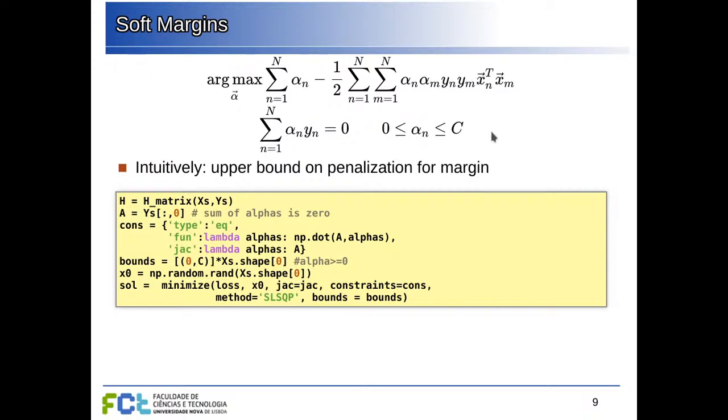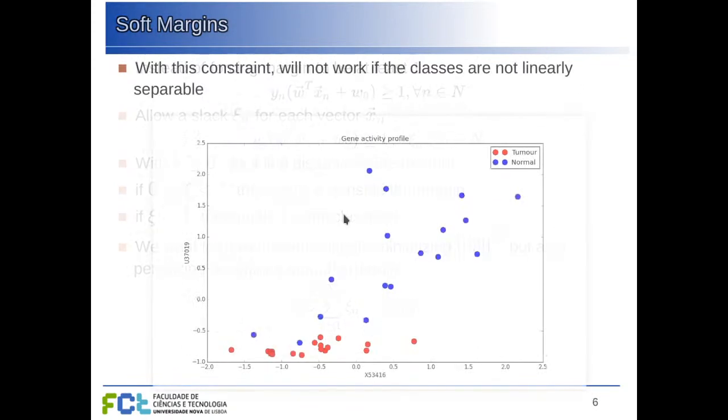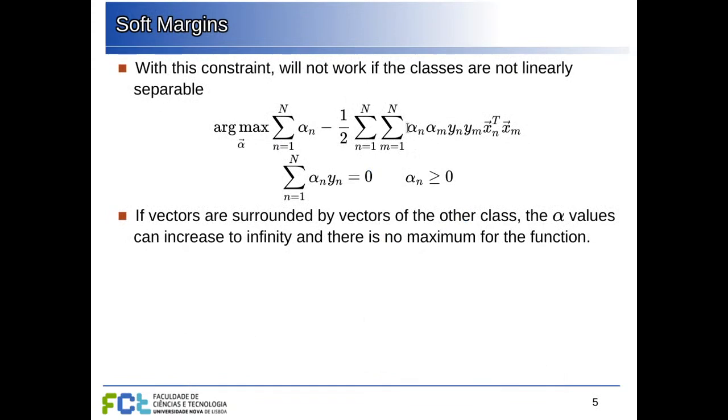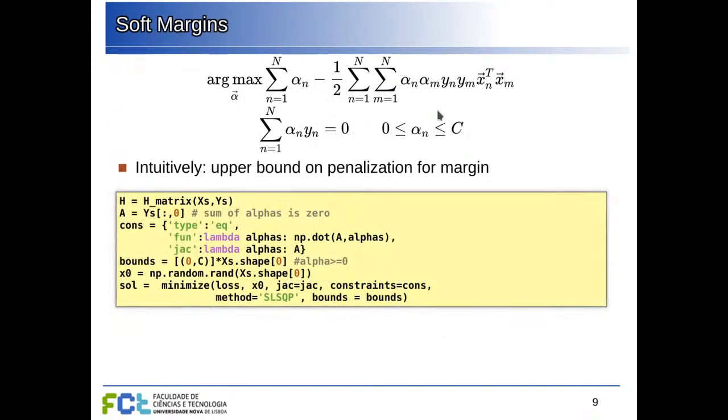Allowing the margins to be softer and allowing us to solve problems like this with soft margins only requires us to set an upper bound on the alphas. So if we do this with, say, C equals 10, this means that alphas cannot be greater than 10. We solve the problem that we had originally of alphas growing to infinity because points are violating the margins. They cannot grow to infinity, they must stop at 10.